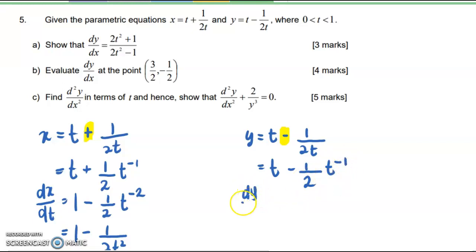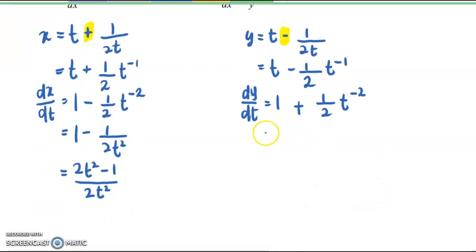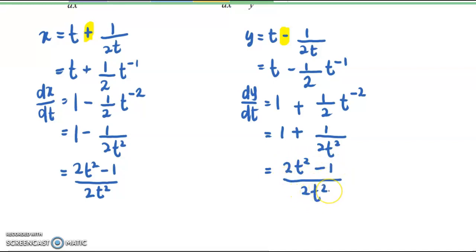So, dy over dt equals 1 minus, will be plus 1 over 2 t to the power of negative 2. 1 plus 1 over 2t square. Equate the denominator. 2t square minus 1 over 2t square.